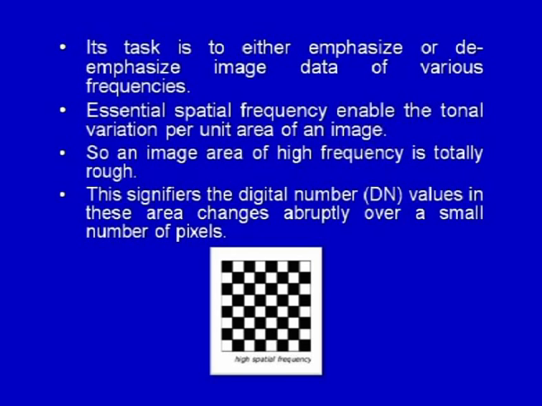But this variation is recorded over a very small number of pixels, and thereby what we see is something like the appearance of a chess board or a checkered board, wherein the image appears to be much more noisy and also rough in nature because of frequent changes in tone.